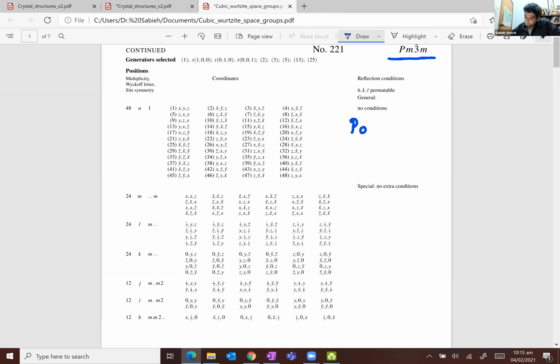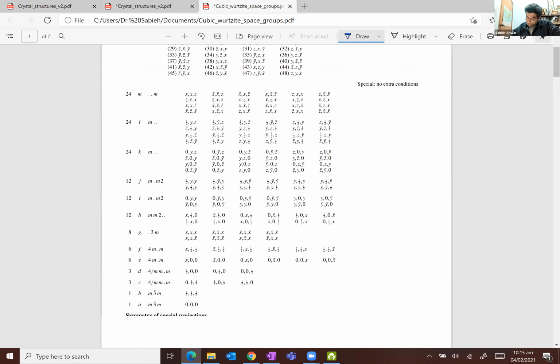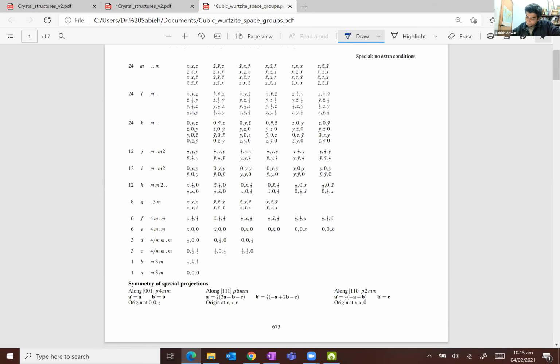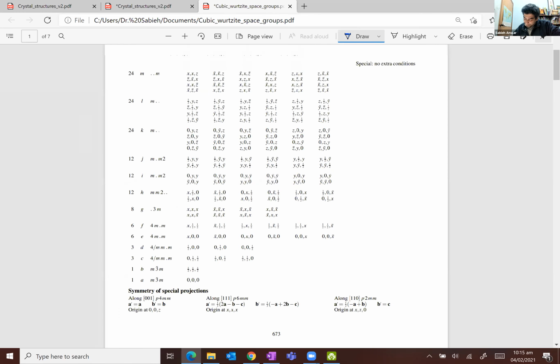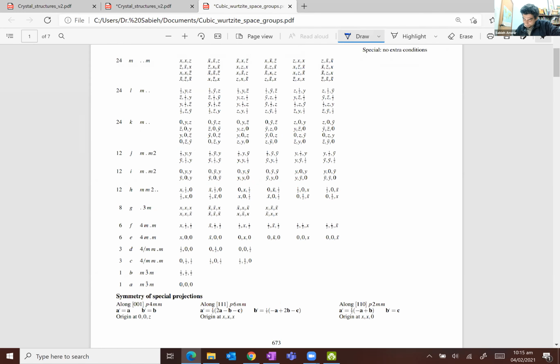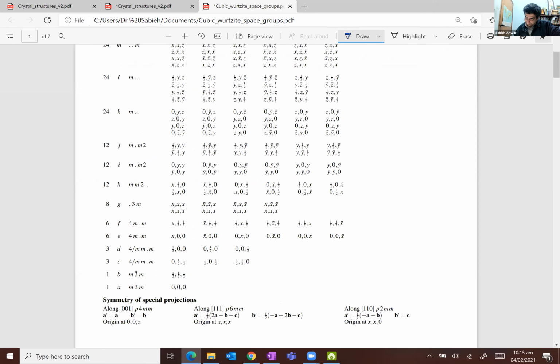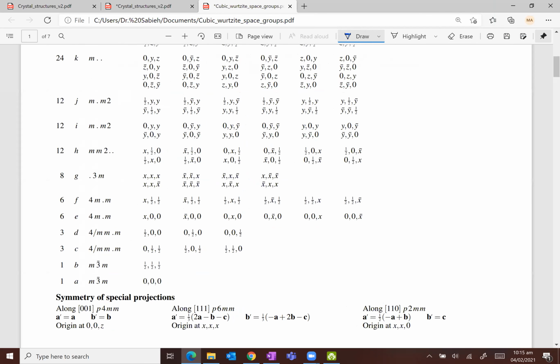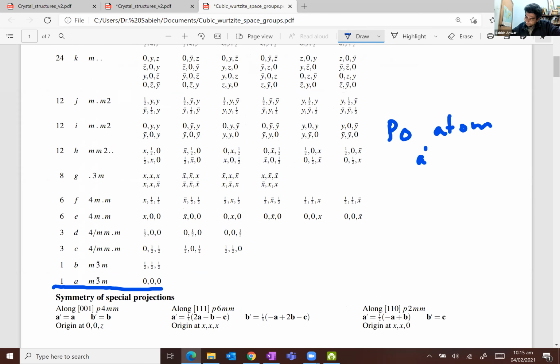If you talk about polonium, there's an atom at the location. If you look at this table of the Wyckoff positions, could you tell me where is our polonium atom? At what site is our polonium atom? 000. Yes. So the polonium atom is at the Wyckoff position 1A. So this describes the crystal structure.